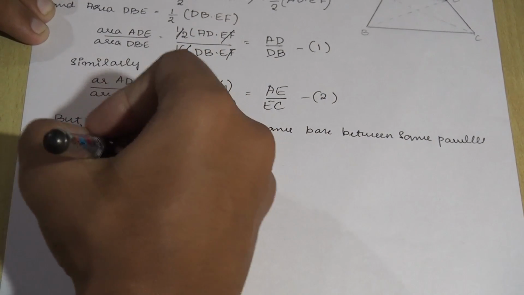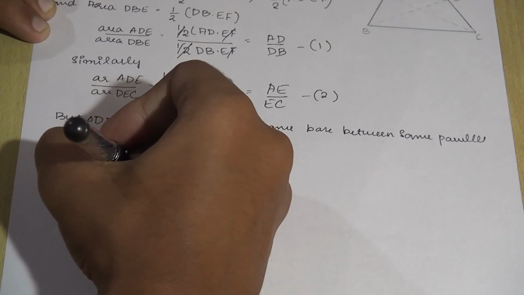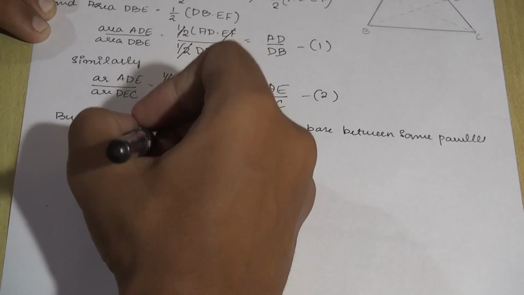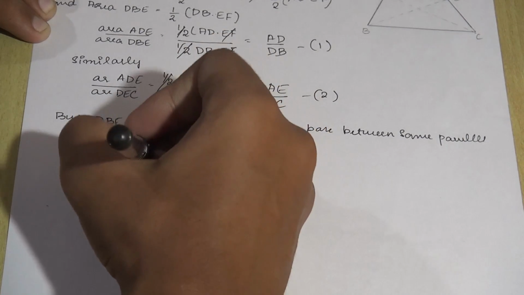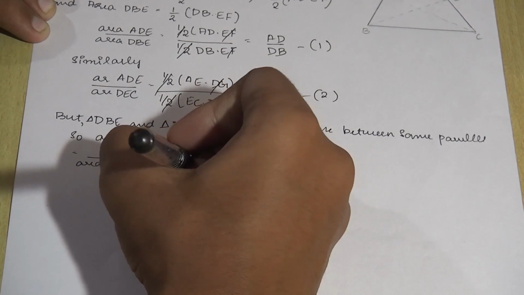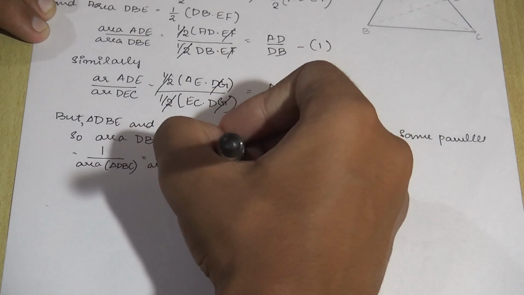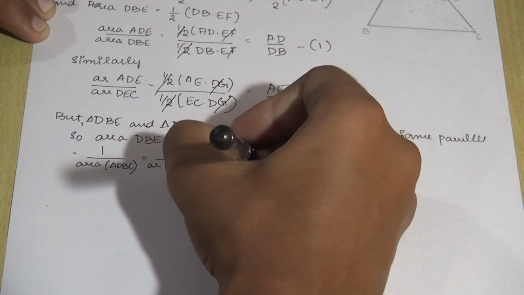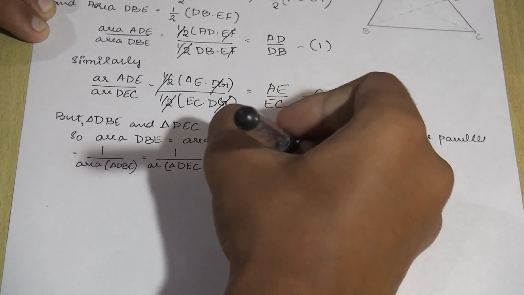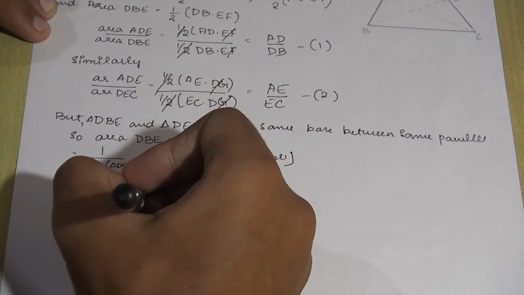So 1 by area of triangle DBC is equal to 1 by area of triangle DEC. We are taking reciprocal of both sides. So hence 1 by area of DBC and 1 by area of DEC.